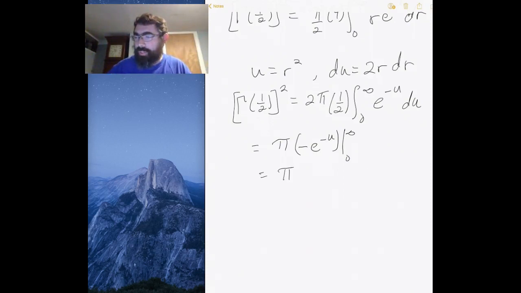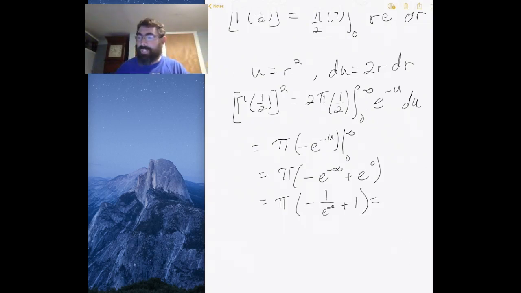So that would be minus e to the minus infinity plus e to the 0. E to the minus infinity is just 1 over e to the infinity, which is essentially 1 over infinity, or 0. So in the end, we're left with pi.